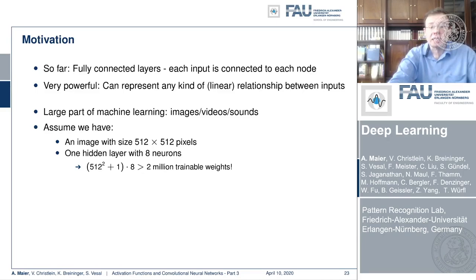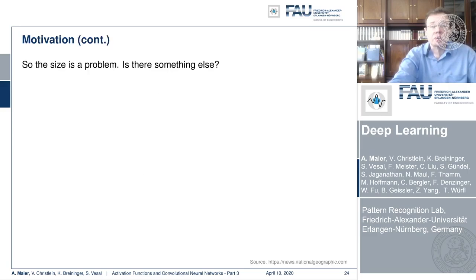That means that one hidden layer with 8 neurons has already (512^2 + 1 for the bias) times 8 trainable weights. And this means that's more than 2 million trainable weights just for a single hidden layer. Of course, this is not the way to go, and size is really a problem.